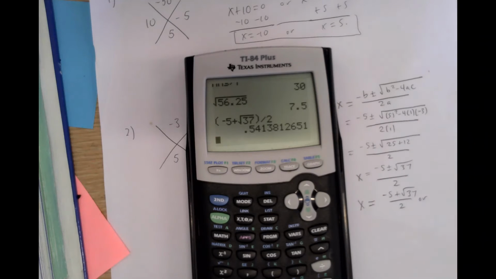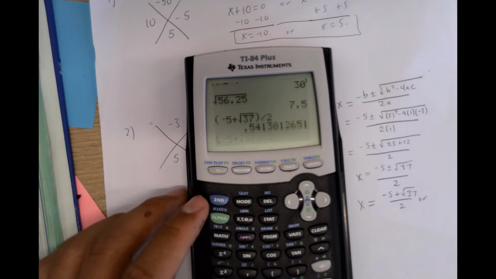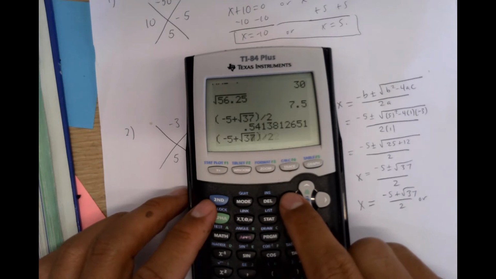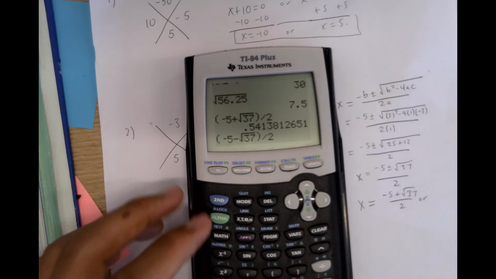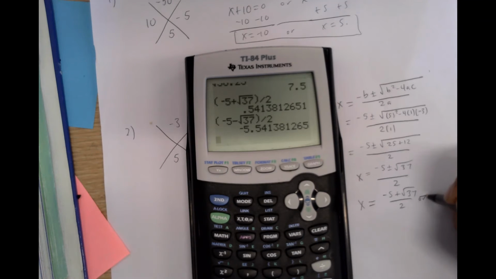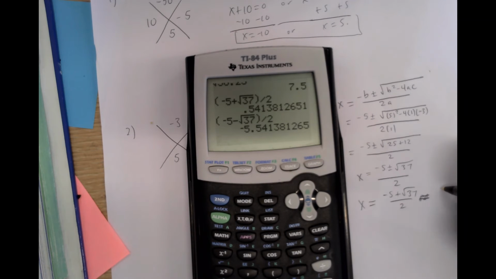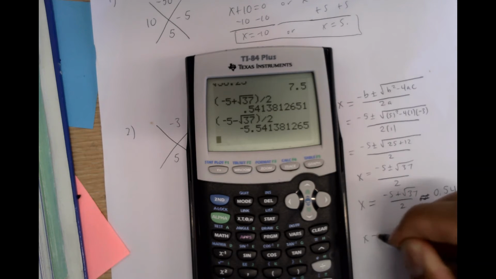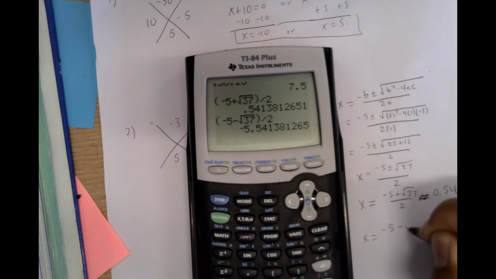My other answer is exactly the same thing. The only difference is that I would subtract the square root of 37. And you can see here that my other answer is negative 5.54138, etc. So if I wanted to give an estimate, this one would be 0.54, and then I also have negative 5 minus the square root of 37 over 2, which is about negative 5.54.